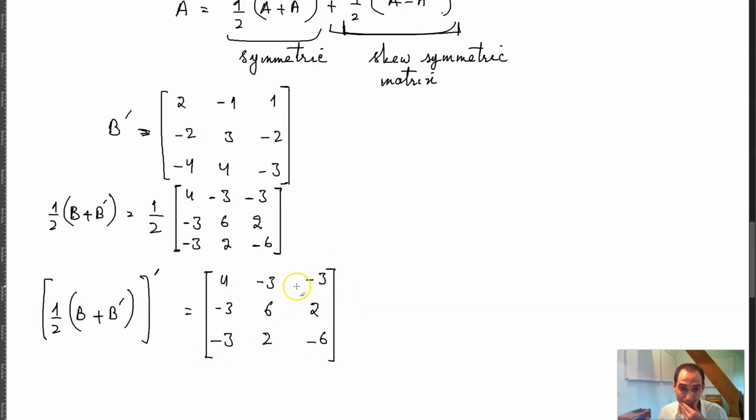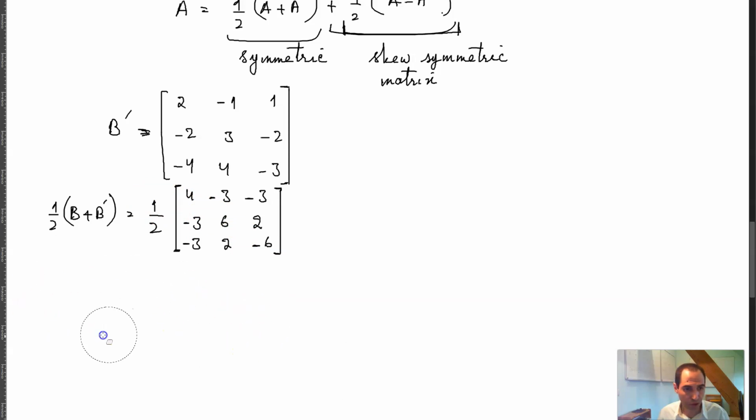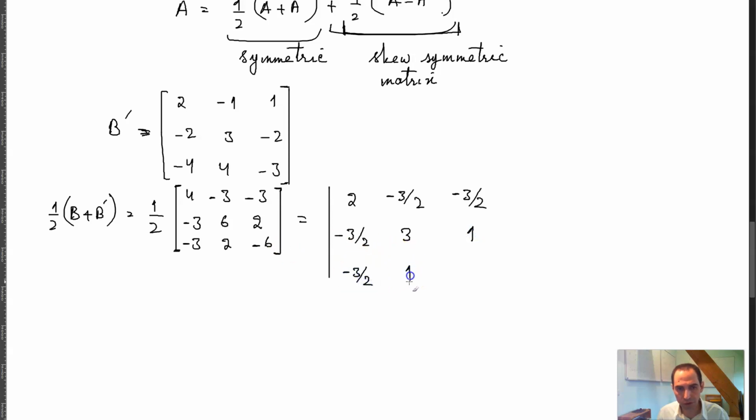Actually, I should do something before that, which I forgot. I have to multiply this 1/2 by this matrix. So I have 1/2 times 4 is equal to 2, negative 3 halves, negative 3 halves, negative 3 halves, 6 halves is equal to 3, 2 halves is equal to 1, negative 3 halves, 2 halves is equal to 1, and negative 6 halves is equal to negative 3.